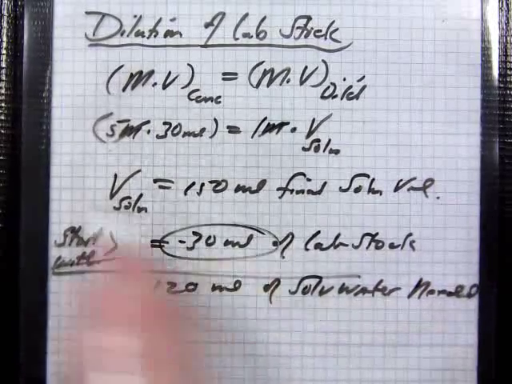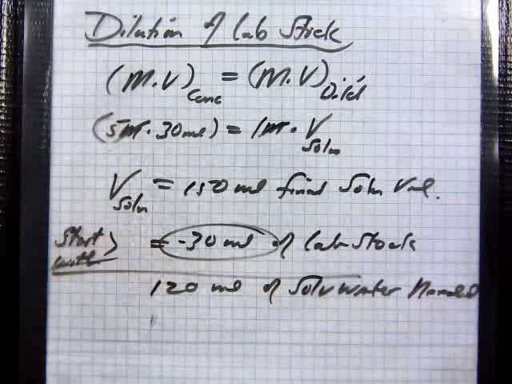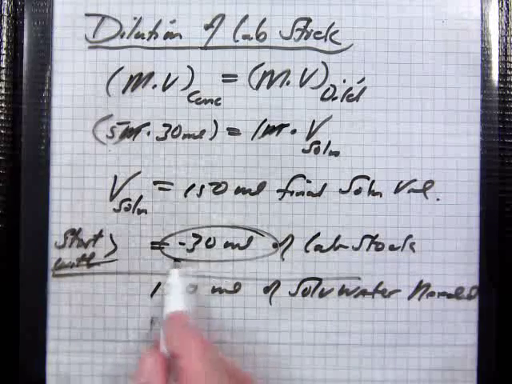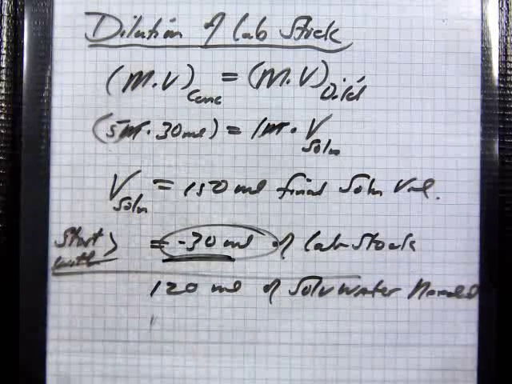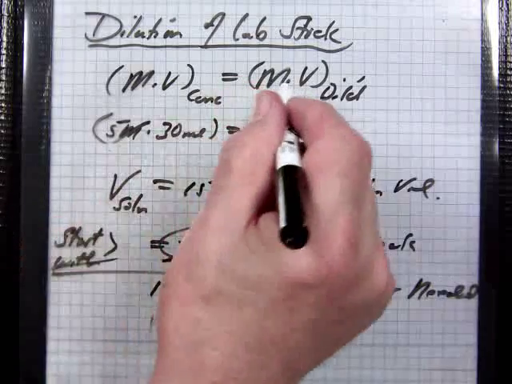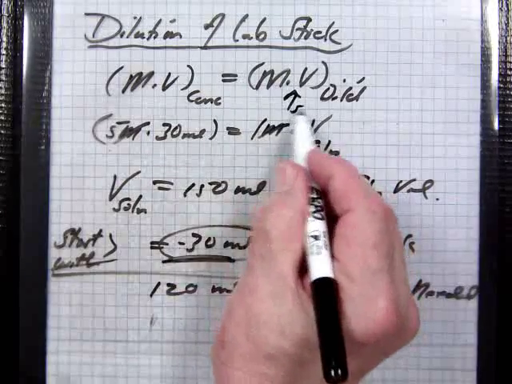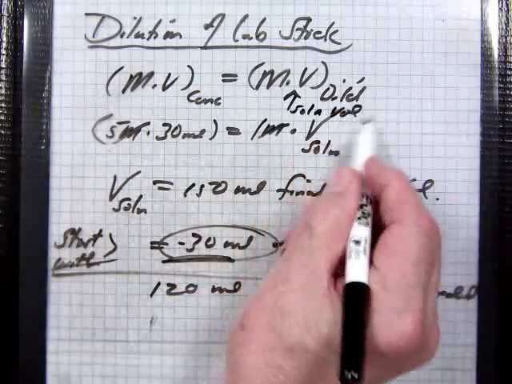Because, see, you're starting with the 30 mils already, and you want to stop at 150. Because it's asking you to make what volume of water must be added to 30 to get it down to a 1 molar solution. See what I'm saying? And so you want to be careful that you already start with 30 mils. But the dilution equation gives you the final total volume. That's solution volume right there.